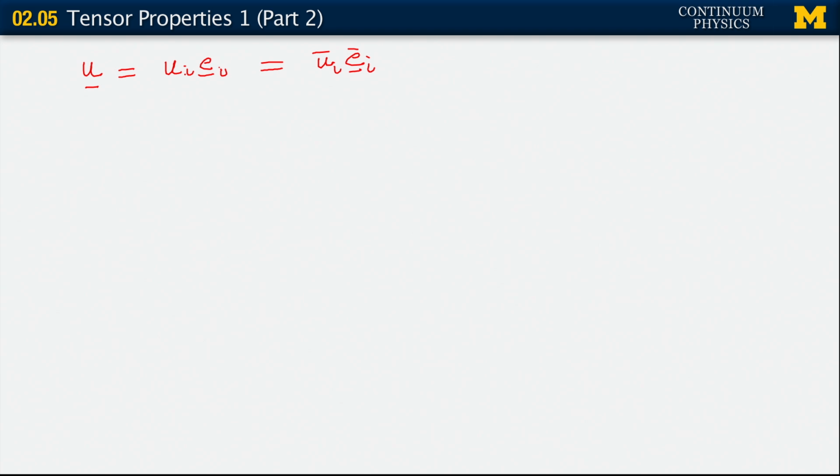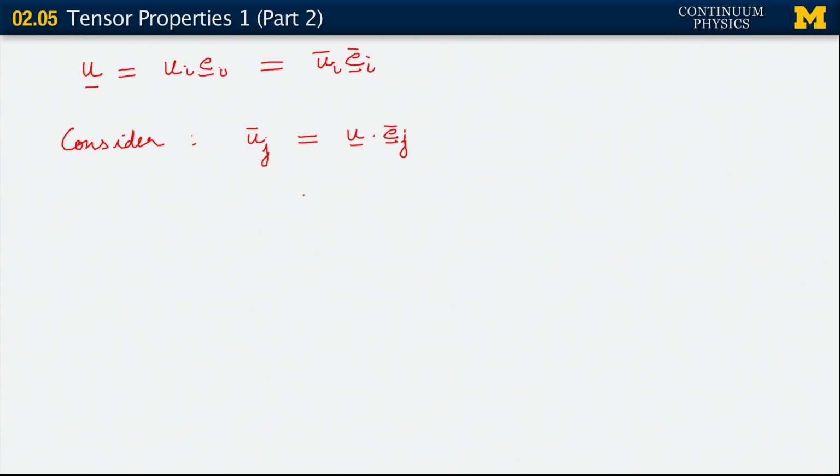Okay. So the way we'll do this is the following. Let's suppose we want to look at the j component of U in the barred basis. That's U bar_j. The way we would write that, because we know these properties of bases, is to write it as U, the vector, dotted with e bar_j.